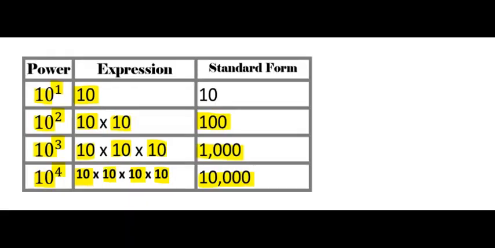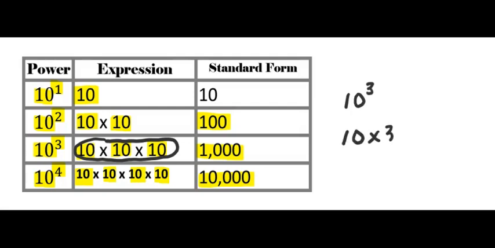Now, a common mistake that is made is to look at the exponent as another factor. For example, if I look at 10 to the third power, well, we already saw that that means 10 times 10 times 10. The mistake that is often made is a student will take 10 times 3 to show 10 to the third power.